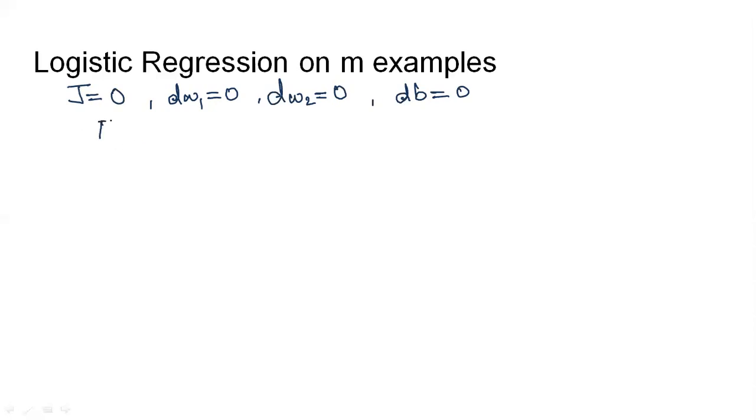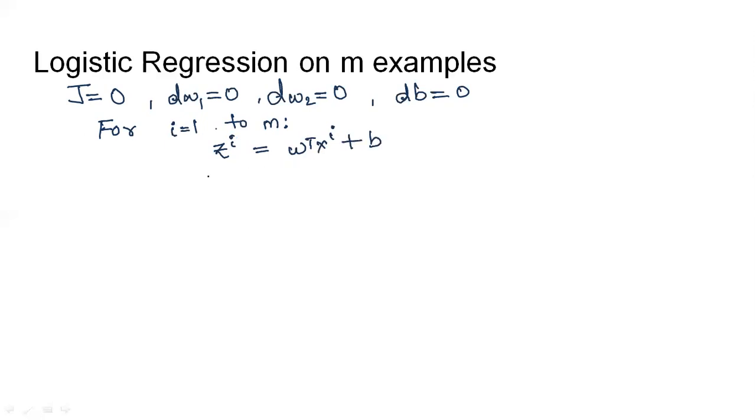While applying the for loop, because we are iterating over all the m training examples, it will start from I equal to 1 and go up to m. Now we have the equation z of I equal to w transpose x of I plus b.